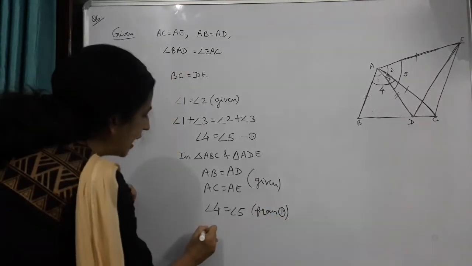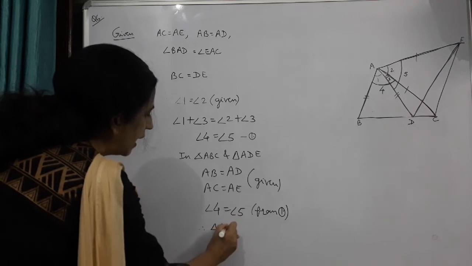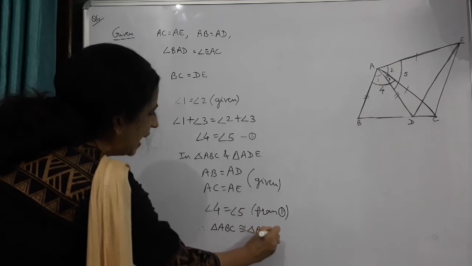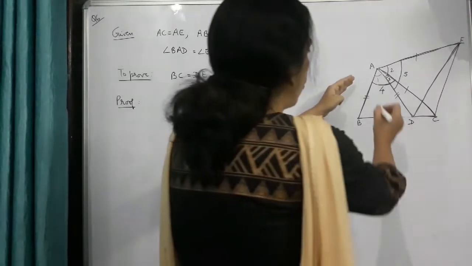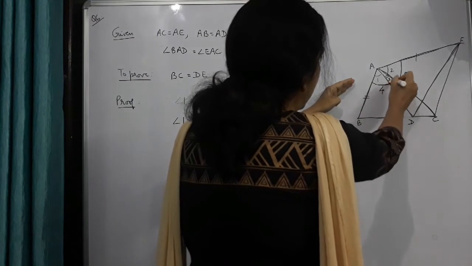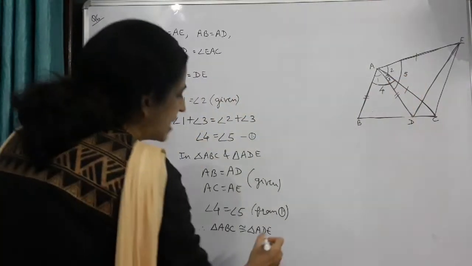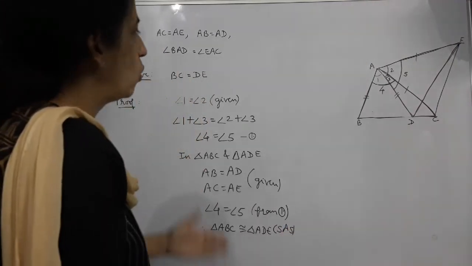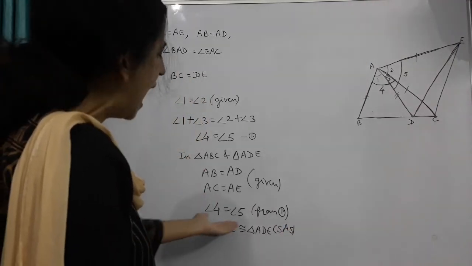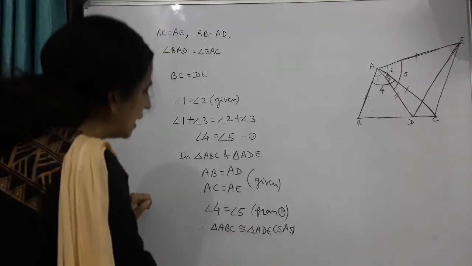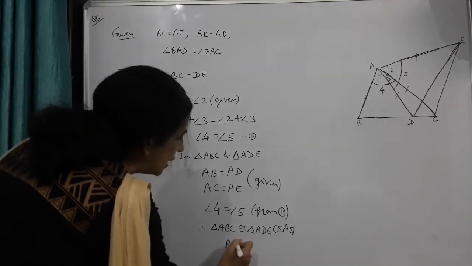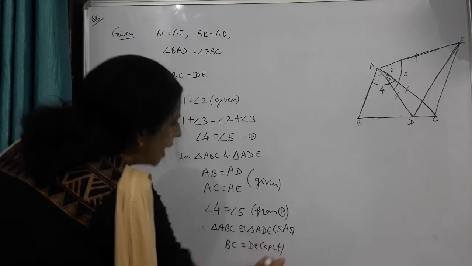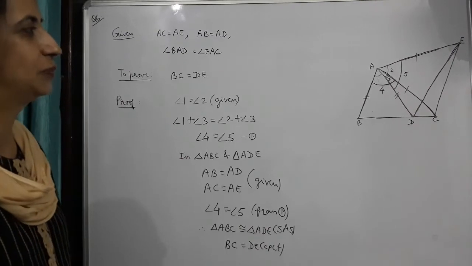So therefore we can say that triangle ABC is congruent to triangle ADE by which criteria of congruence? SAS. By SAS criteria of congruence, the two triangles would be congruent, and if the triangles are congruent, then definitely by CPCT we get BC is equal to DE, and this is what we have to prove.